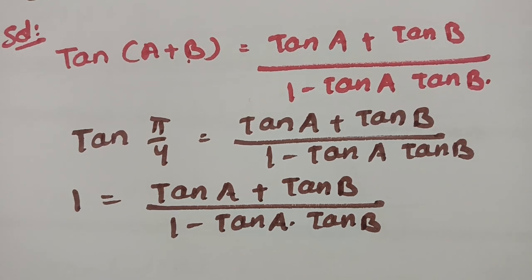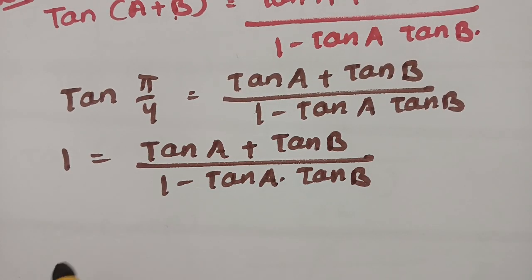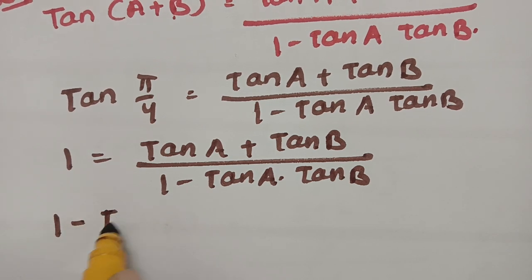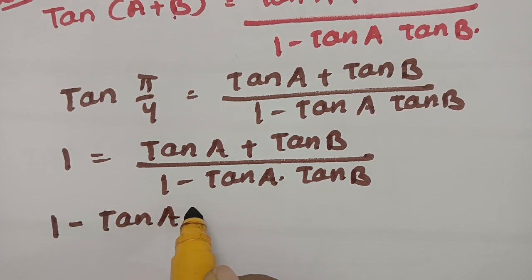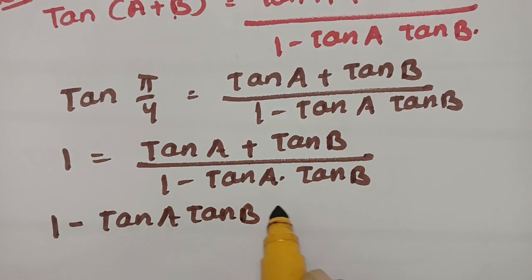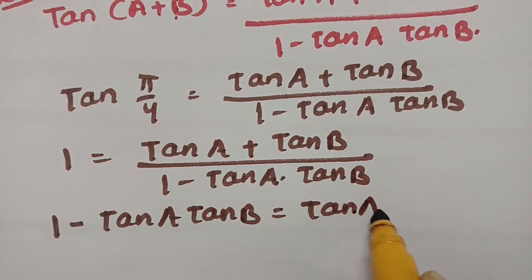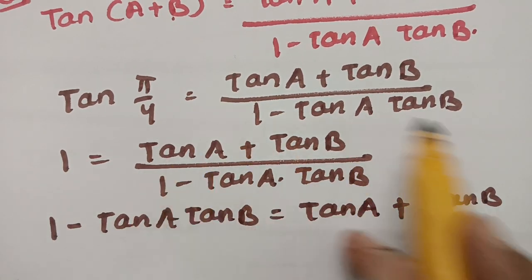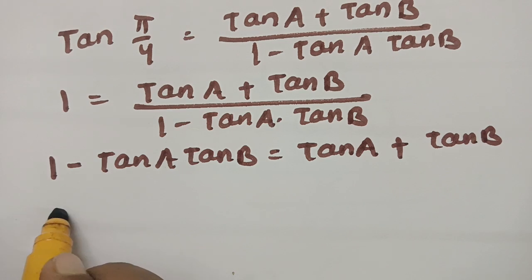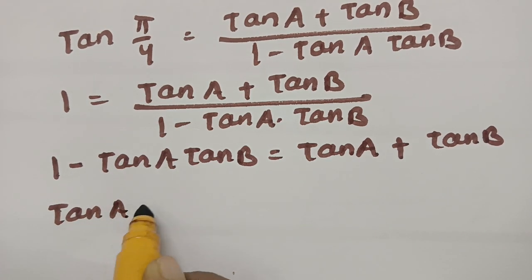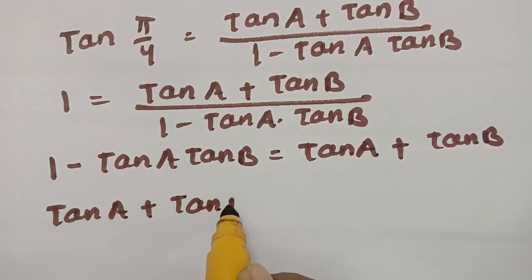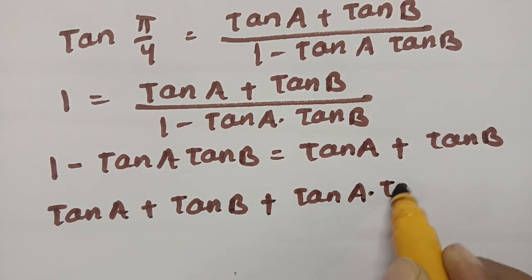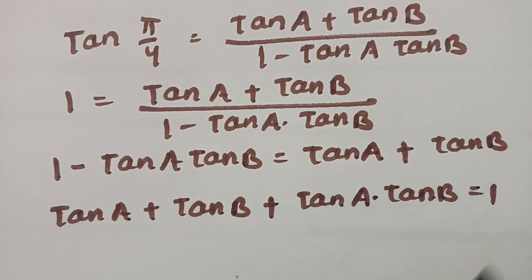So if I cross multiply like this, then what will happen? Then 1 minus tan A into tan B is equal to tan A plus tan B. So if I send this negative to other side, then see what happens. Then tan A plus tan B plus tan A into tan B is equal to 1.